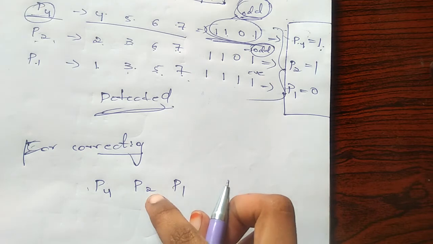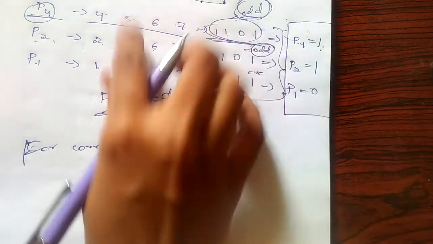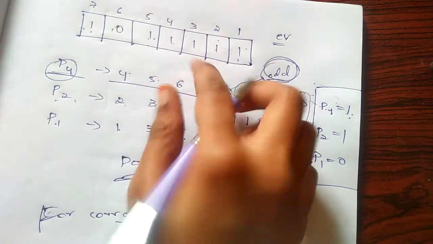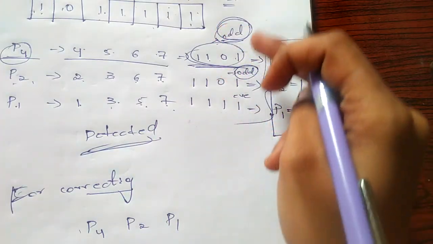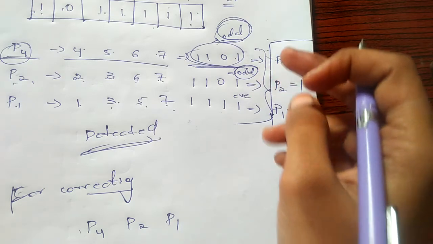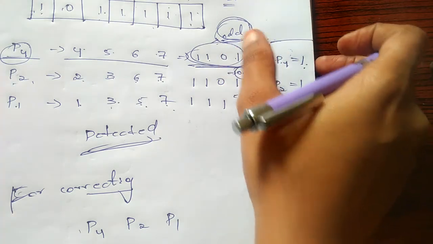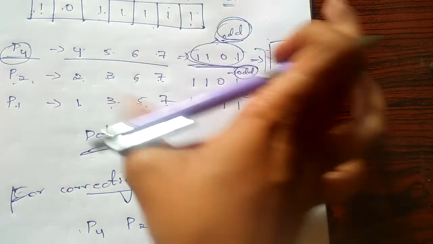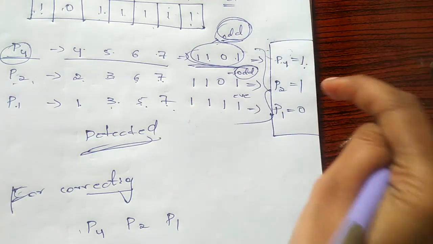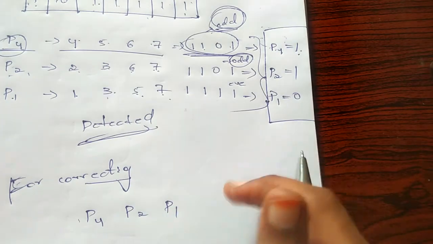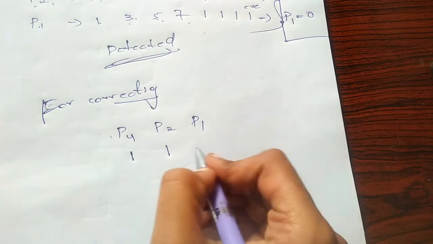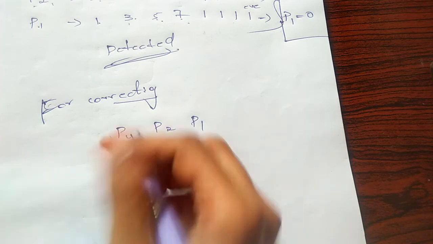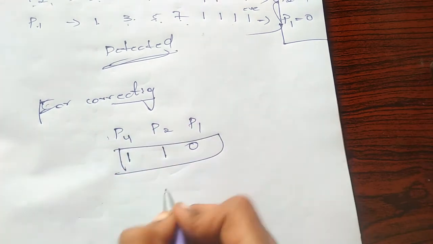After checking according to the even parity, how many ones are there here? With respect to that, how we change here has to be considered. So 1, 1, 0. Fine. If you see here, 1, 1, 0.